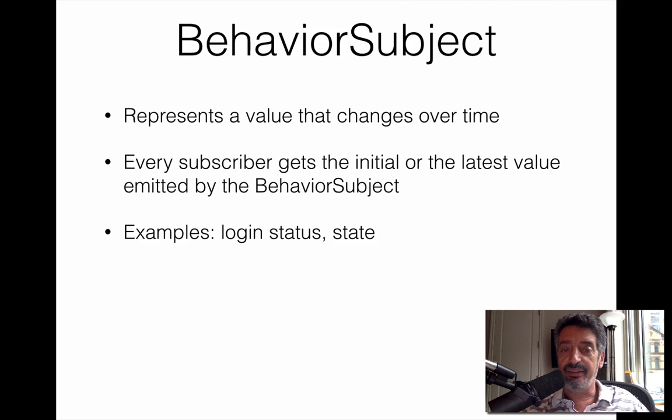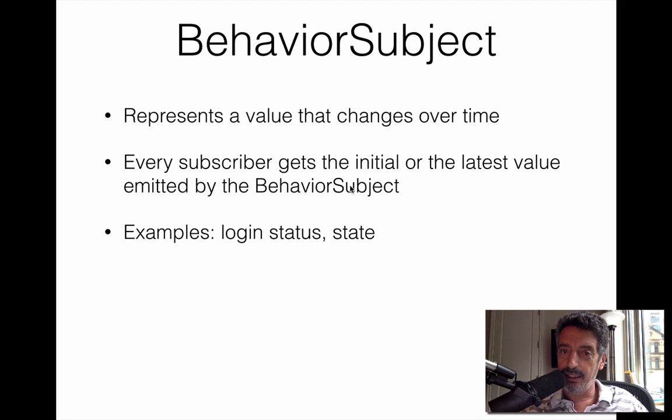But there are different flavors of subjects in RxJS. One of them is behavior subject. What is so cool about behavior subject? This subject represents a value that changes over time, but it always remembers either the initial value, if you provide one, to push to the subscriber, or the last one that was pushed to whoever subscribed to the subject.